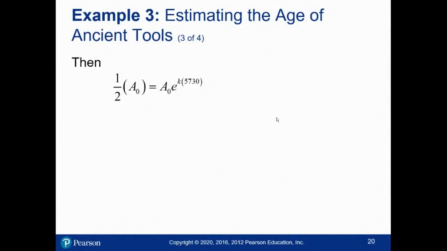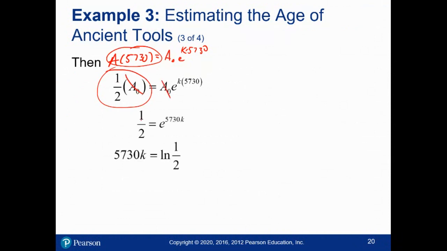So I just let A of 5,730 be 1/2 A sub 0, but then the right-hand side is just what the formula always is. So all we did was we took A of 5,730 equals A naught e to the k times 5,730. And now, since this got replaced with 1/2 A naught, the A naught's going to cancel. And now I can solve for k by taking the natural log of both sides and dividing by 5,730.